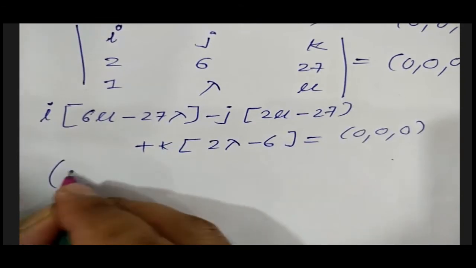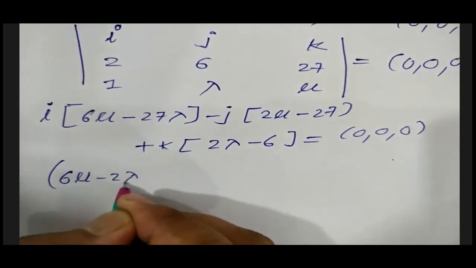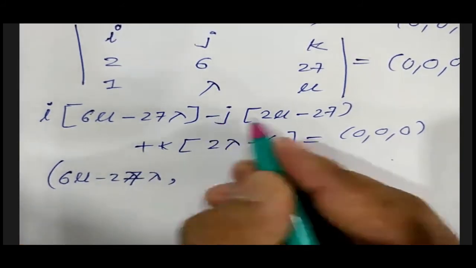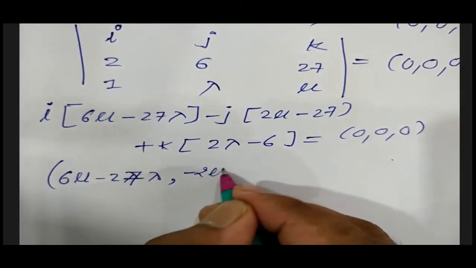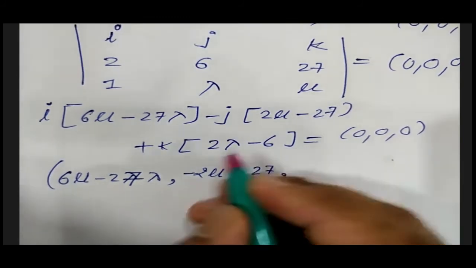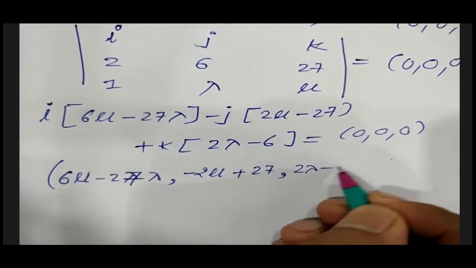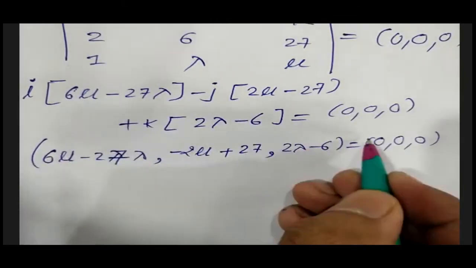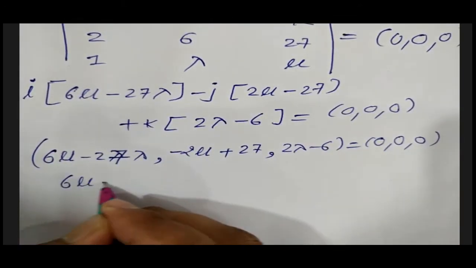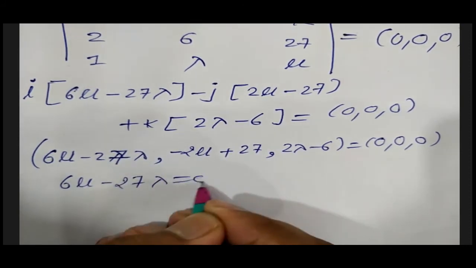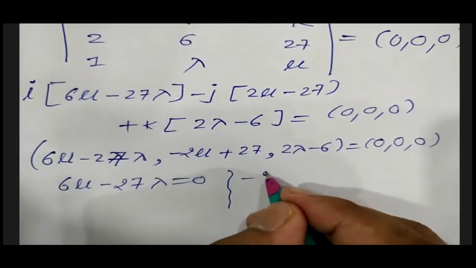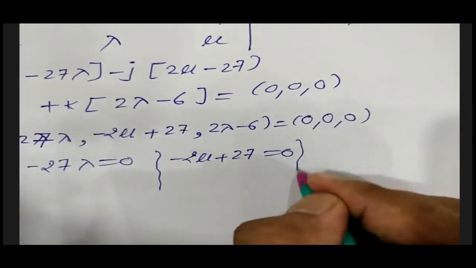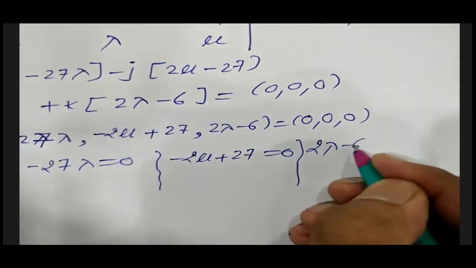Let's write it properly: 6 mu minus 27 lambda, comma, minus 2 mu plus 27, comma, 2 lambda minus 6, is equal to 0, 0, 0. By comparing, 6 mu minus 27 lambda must be 0, minus 2 mu plus 27 must be 0, and 2 lambda minus 6 must be 0.